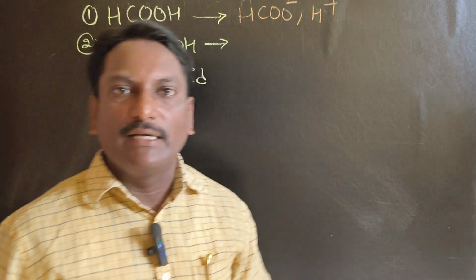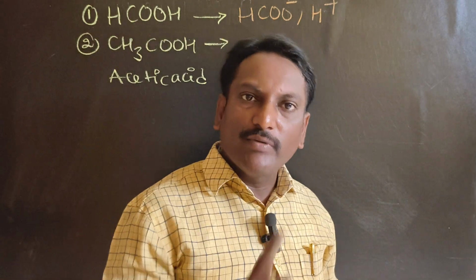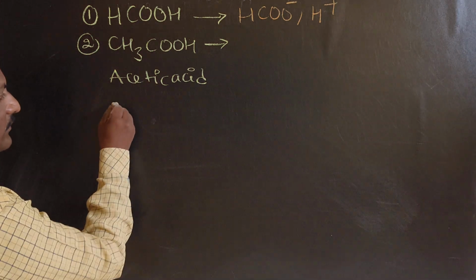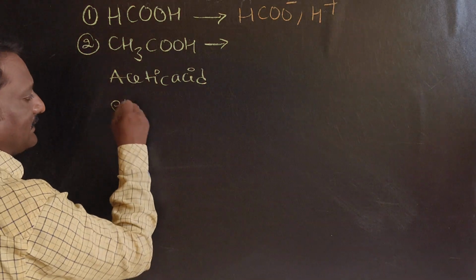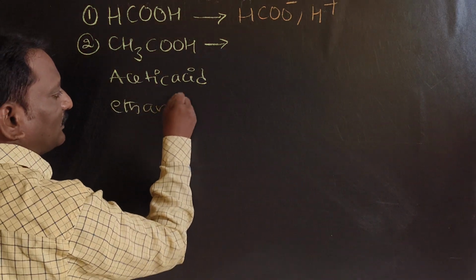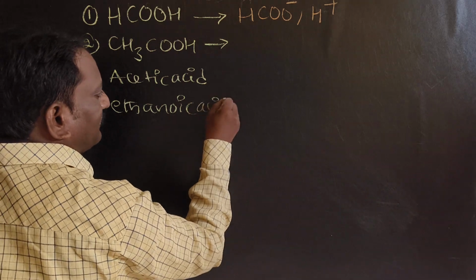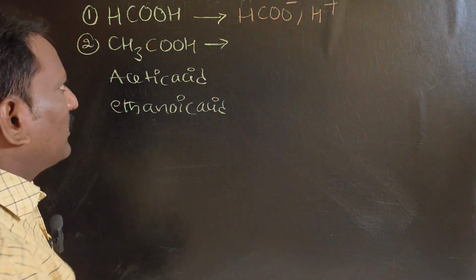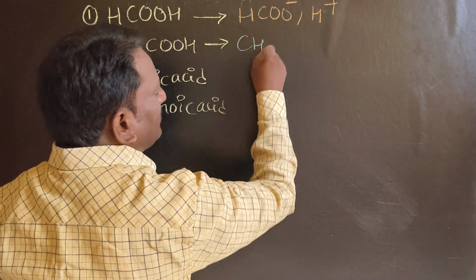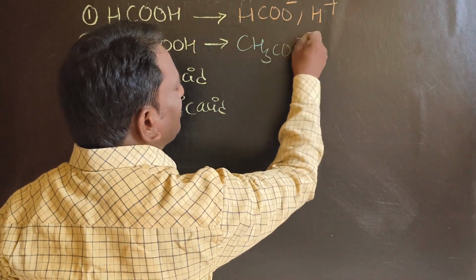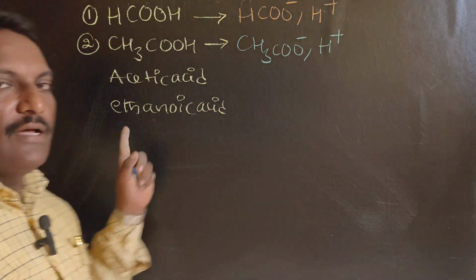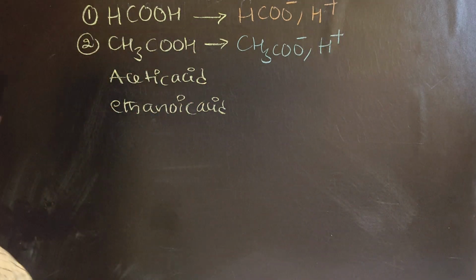In Latin, vinegar is called acetum, so that is why it is called acetic acid, and it is also called ethanoic acid. Ethanoic acid is the IUPAC name. It splits up into CH3COO minus acetate ion and H plus ion.